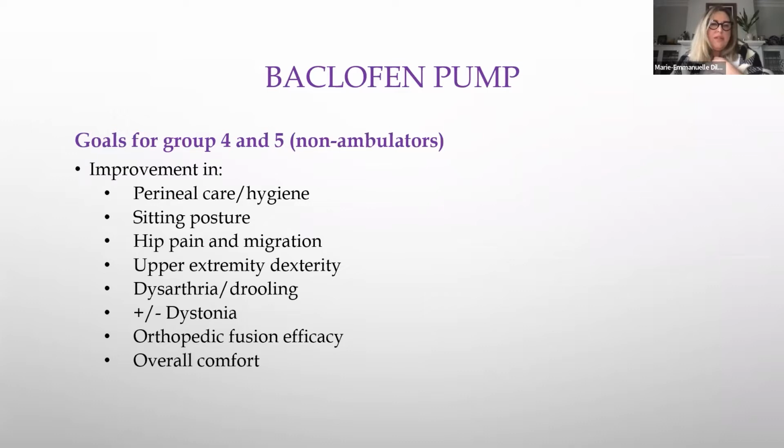Why do we do it? Because you can give a much bigger dose without too many side effects, because it's injected around the spinal cord and it doesn't go through the whole body. It improves the hygiene, improves the sitting posture, comfort in the wheelchair, and it will decrease the frequency of pain and dislocation.